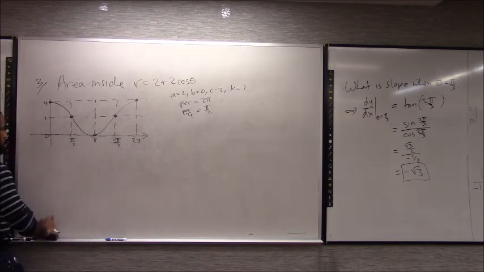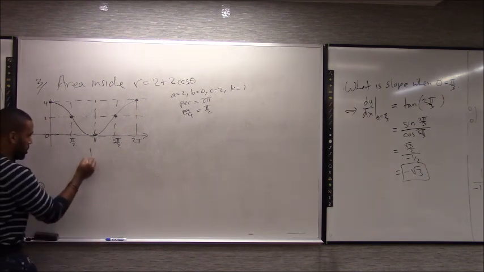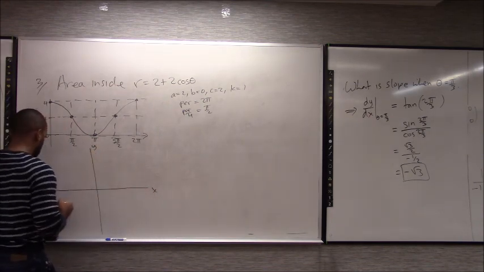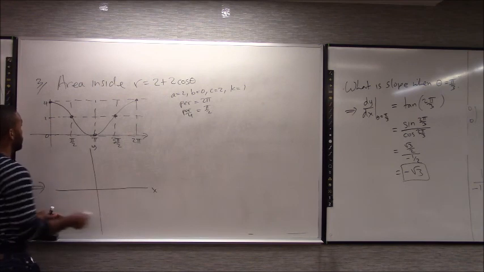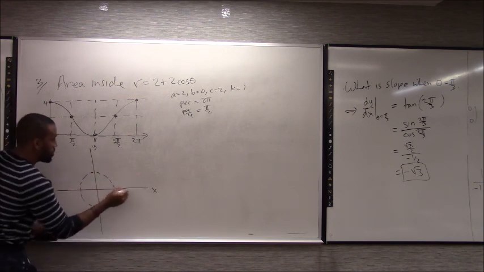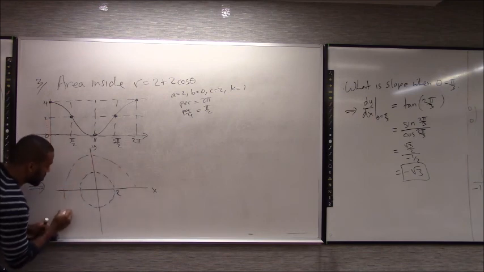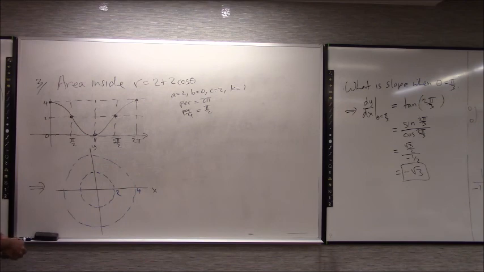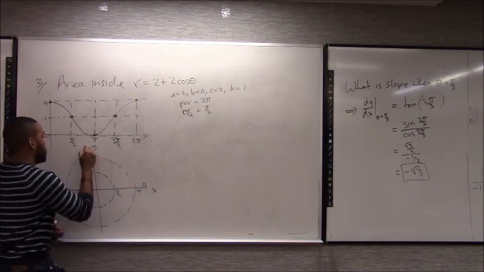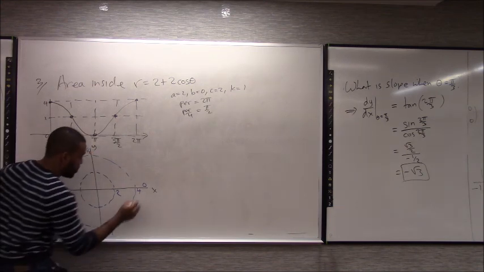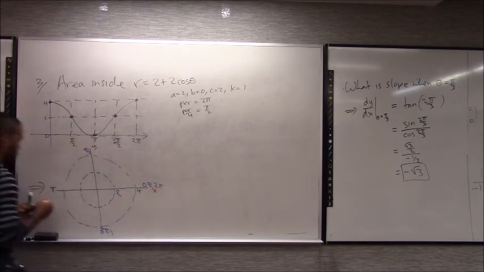What that means is, on the actual xy graph, I would have a circle of radius 2, a circle of radius 4, and the angles will be 0, pi over 2, pi, 3 pi over 2, and 2 pi.